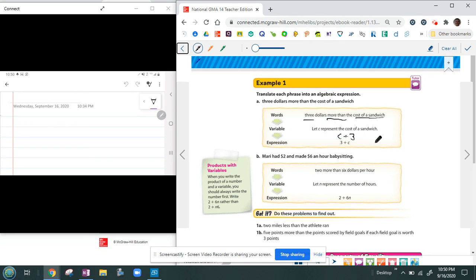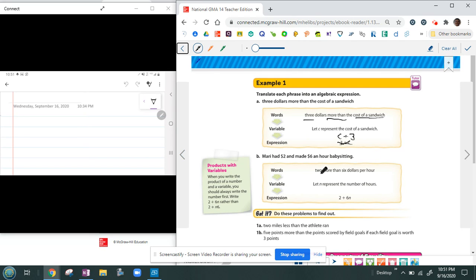It matters more when we're talking about subtraction, like 3 less than. That has to be at the end. But I like to be consistent with less than, more than, and just take that number at the beginning and put it at the end. You can't write in your books, but just make a mental note of that.